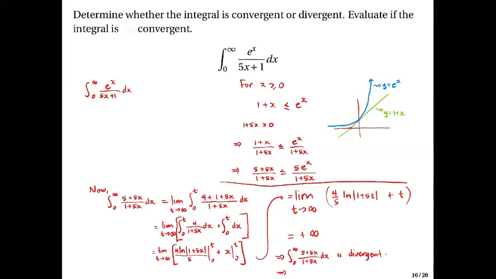So this means that you have 5 times the integral from 0 to plus infinity of e to the x over 1 plus 5x dx. This is also divergent.